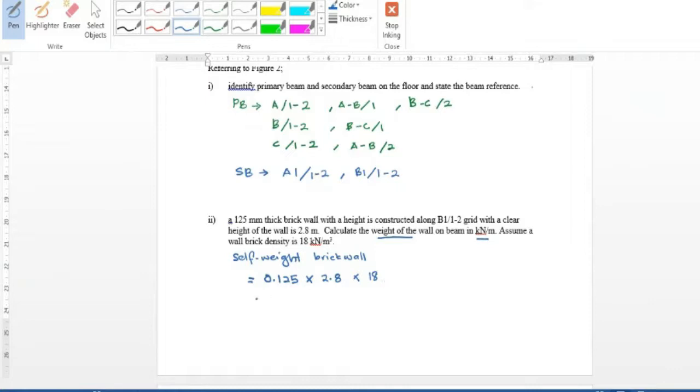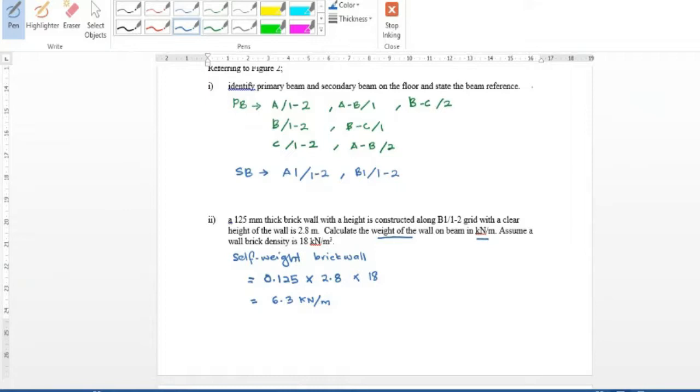From this, we will get 6.3 kilonewton per meter.